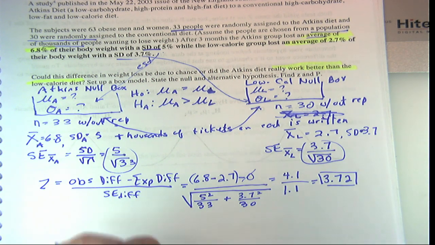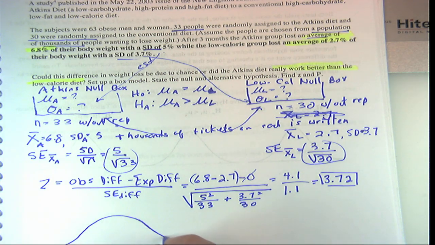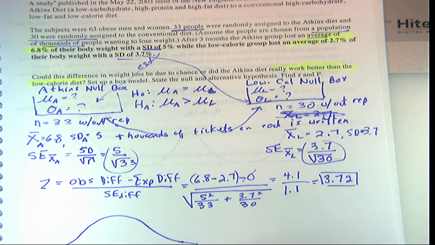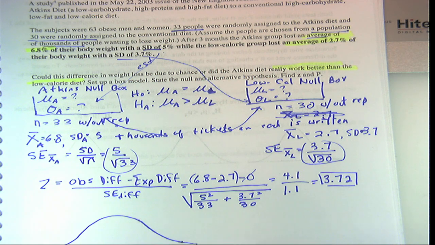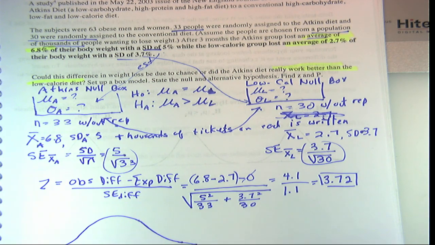So we can draw the curve here, so you'll know that it's going to be way, way out on the tail. That's as a z, and what are we matching it up with?